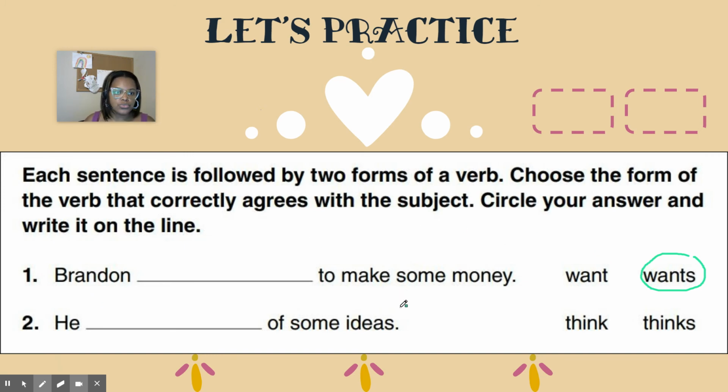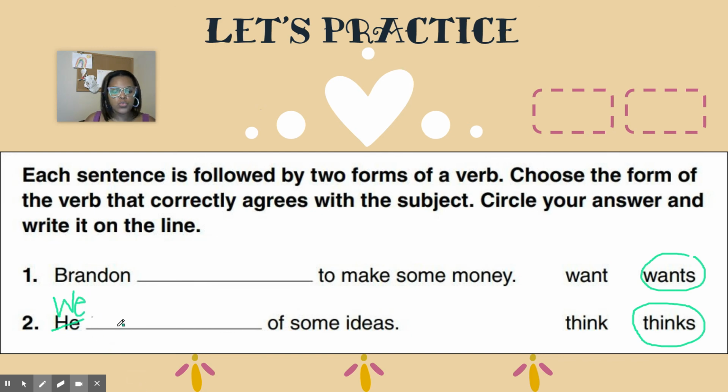Let's try number 2. He blank of some ideas. Is that singular or plural? He is one. That is singular. We add an s. So he thinks of some ideas. But what if it was plural? What if it was we?